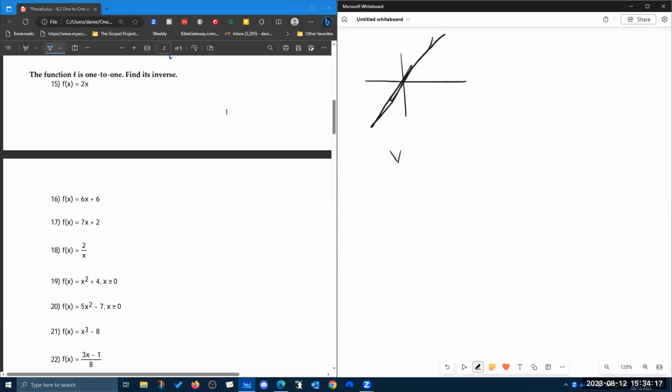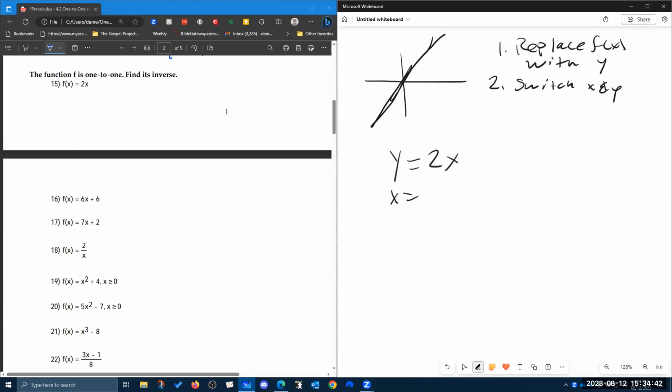The way we're going to find the inverse is we're going to take the function f of x and replace f of x with y. Then for our inverse step, these are not equivalent steps, but this is our inverse step: we're going to switch x and y. We're going to solve for the new y.